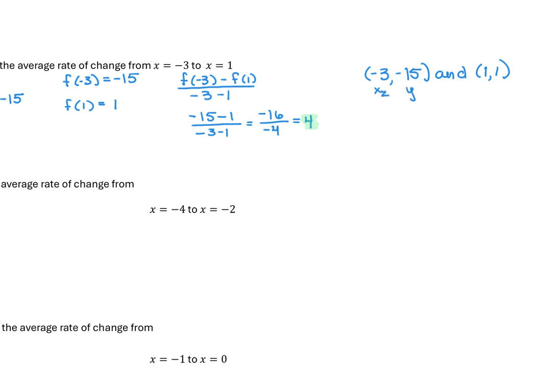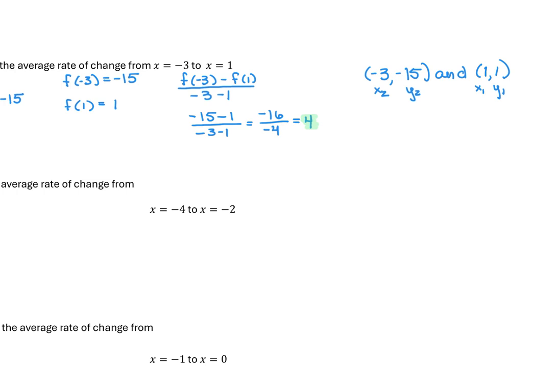Again, I did it backwards, but it doesn't really matter, as long as we are consistent. We can plug these into our formula for slope, x2, y2, x1, y1. Again, it doesn't matter what order we put this in. If we plug these in, we get the same thing: negative 15 minus 1 over negative 3 minus 1, and we've basically calculated our slope given 2 points.